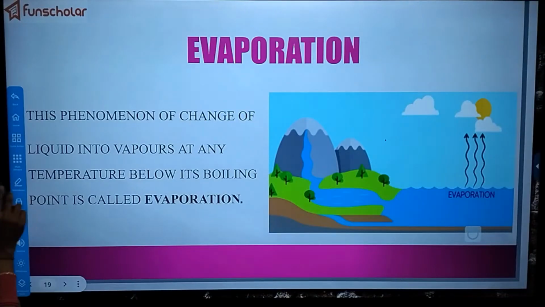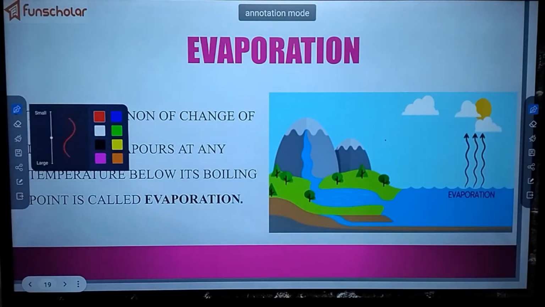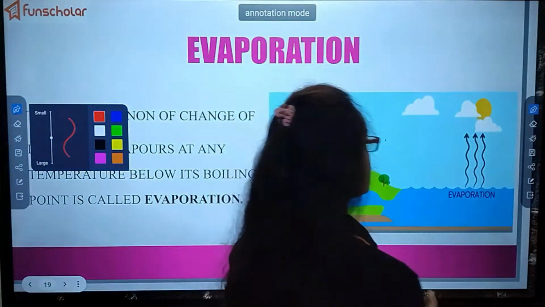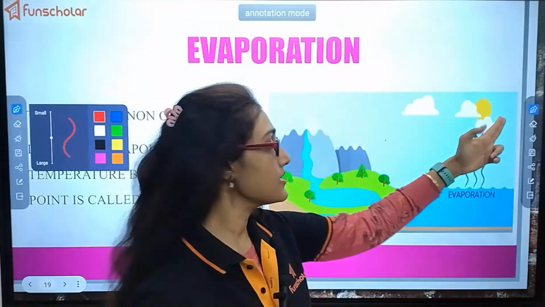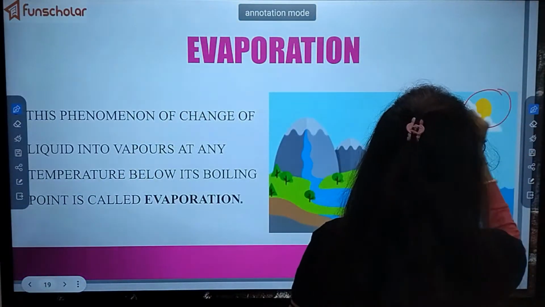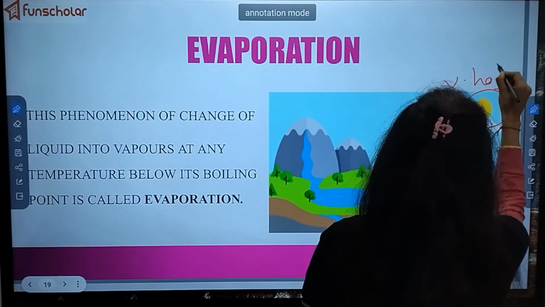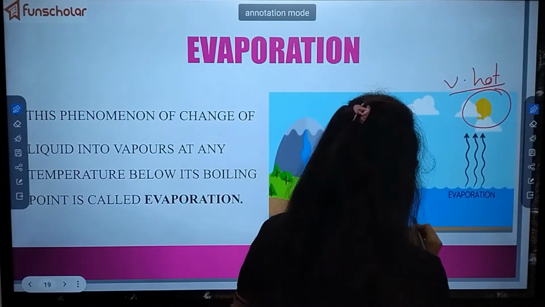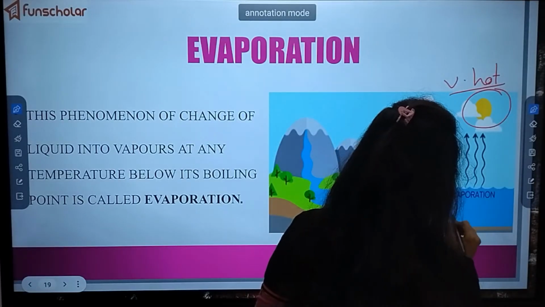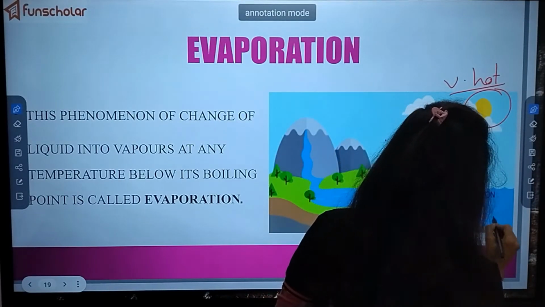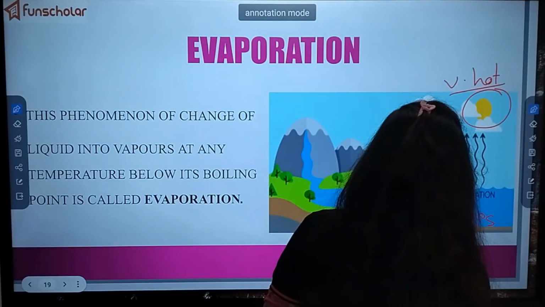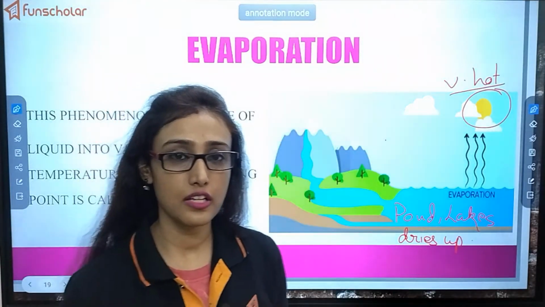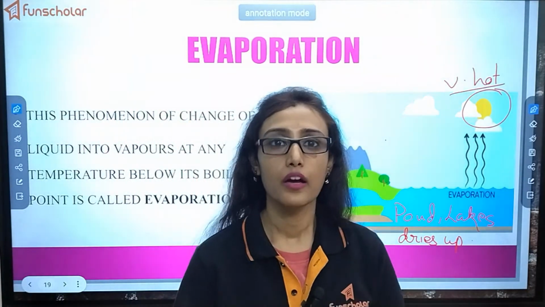Now evaporation. So what is evaporation? Just now I told you that during summer days when the sun is there, it is very hot outside. What happens? The ponds, lakes, everything dries up. Do they dry up naturally or do we heat them?